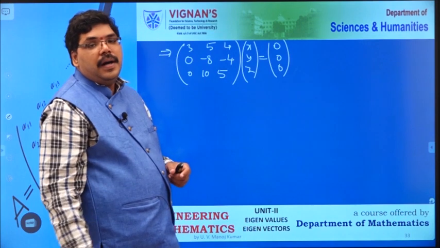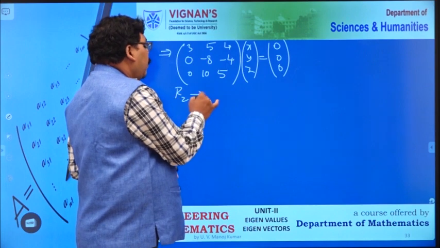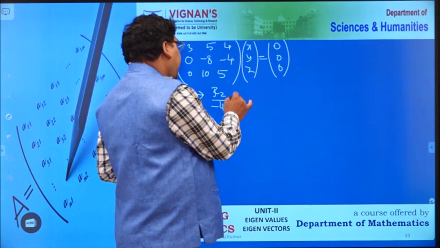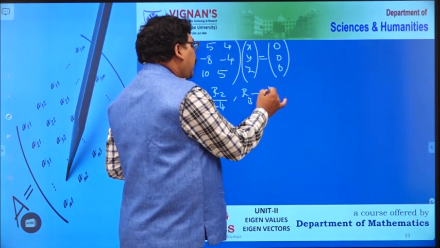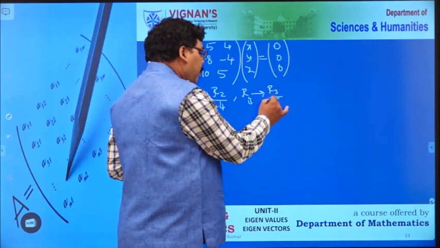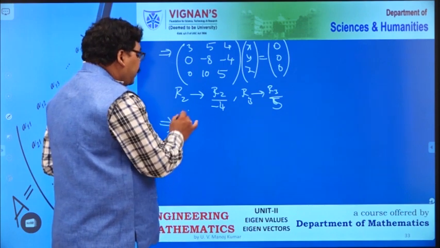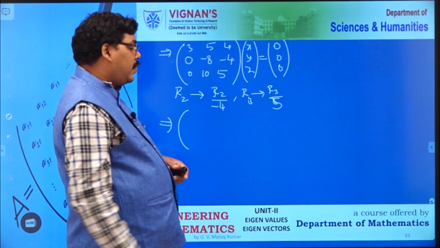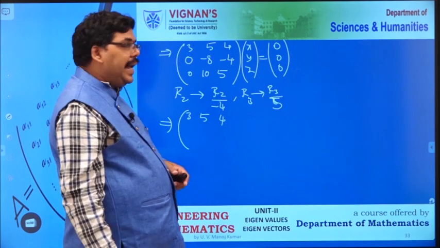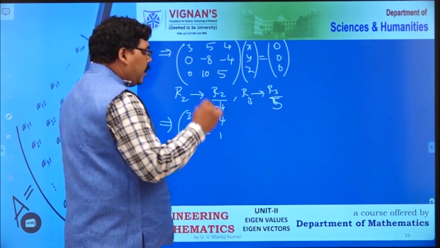Now we will do R2 changes into R2 by minus 4, R3 changes into R3 by 5. So then I will get 3, 5, 4, and 0, minus 8 divided by minus 4 becomes 2, 1.